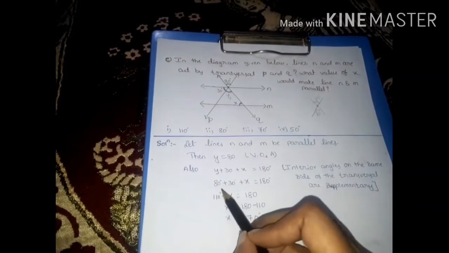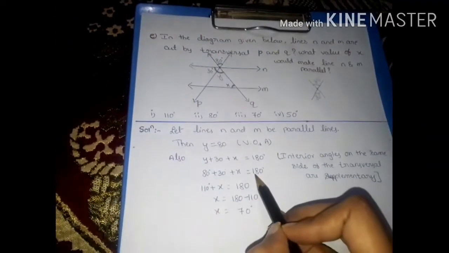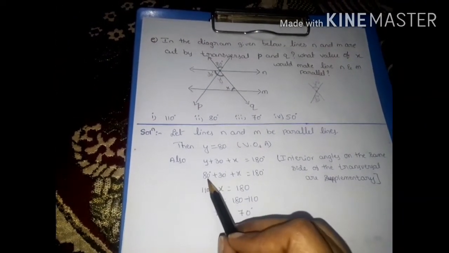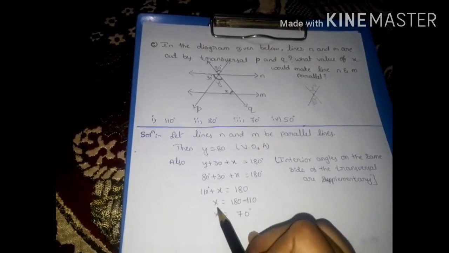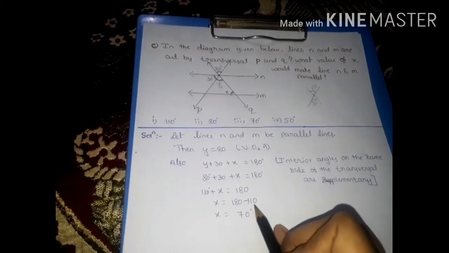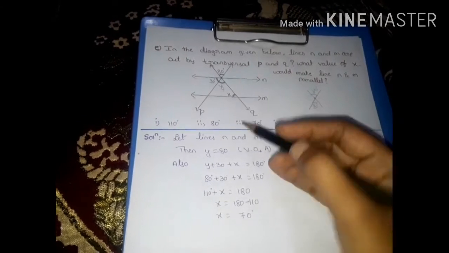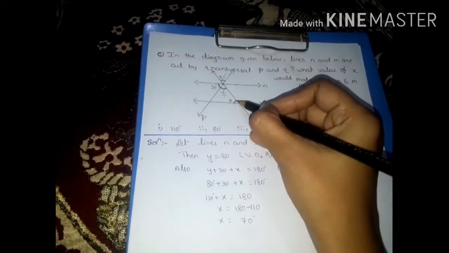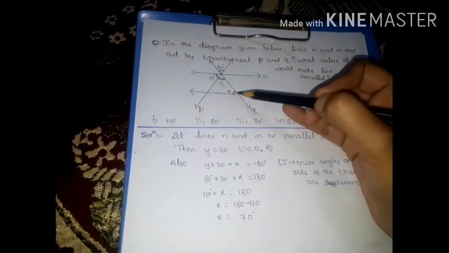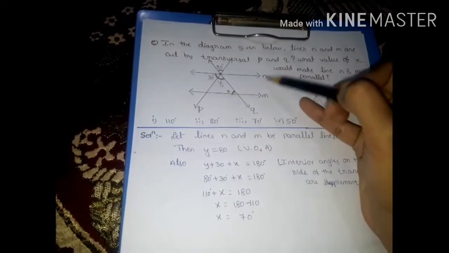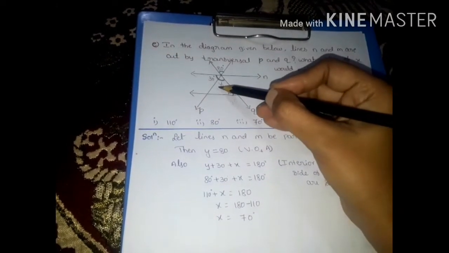Angle y is 80 degrees, 30 degrees as it is, plus angle x you have to find, equals 180 degrees. 80 plus 30, 110, plus x equals 180. Angle x we got is 180 minus 110. The x value we got is 70 degrees. Here you can check whether the x value is correct or not to make N and M parallel. x is 70 degrees, y is 80 degrees.